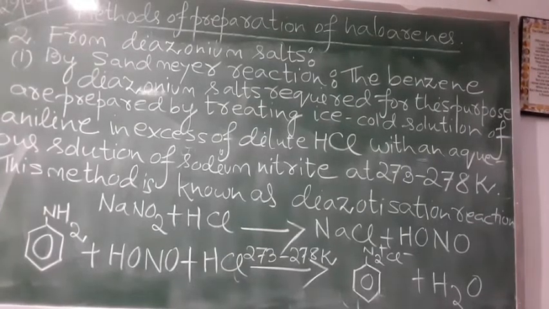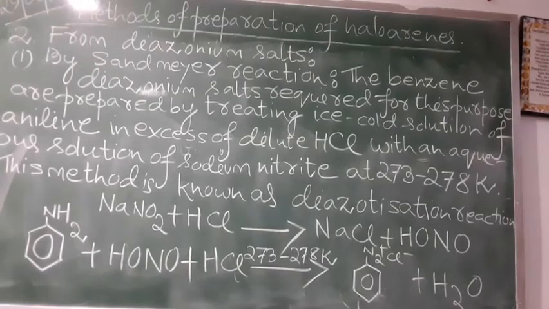So let's begin. The benzene diazonium salts required for this purpose are prepared by treating ice cold solution of aniline in excess of dilute HCl with an aqueous solution of sodium nitrite at 273 to 278 Kelvin, that means 0 to 5 degrees Celsius.